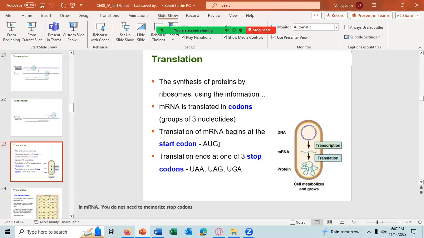That will continue until the ribosome reaches one of the stop codons. There's 3 different stop codons, so you don't need to memorize them. But one is UAA, for example. If the ribosome ever reaches UAA, that will code for the stopping of protein translation.